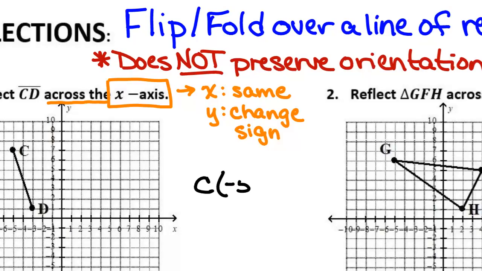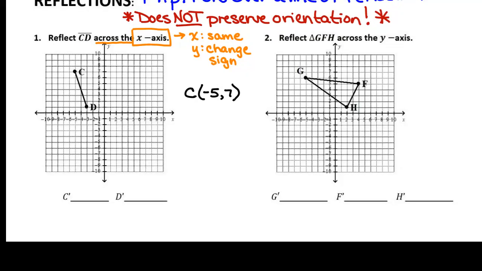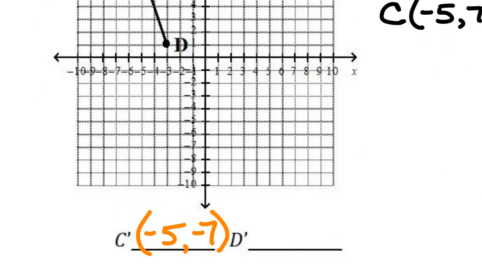So if we're reflecting across the x-axis, the x stays the same. So for C prime, x is still negative 5. But the y changes signs. So what is y going to be here? Negative 7. So negative 5, negative 7 would be right here. That's our point C prime.